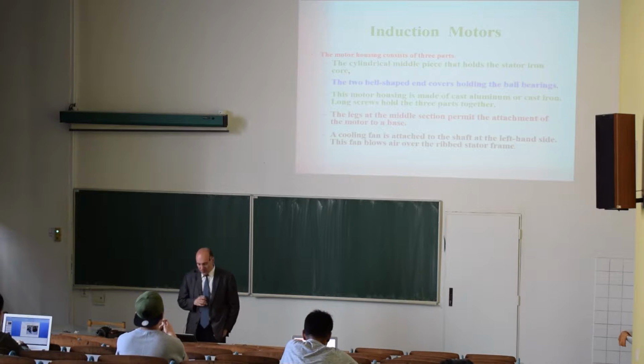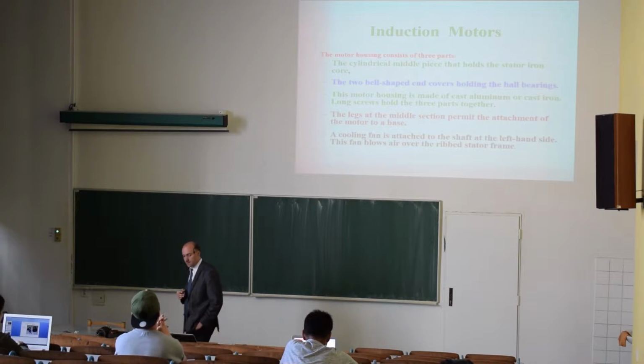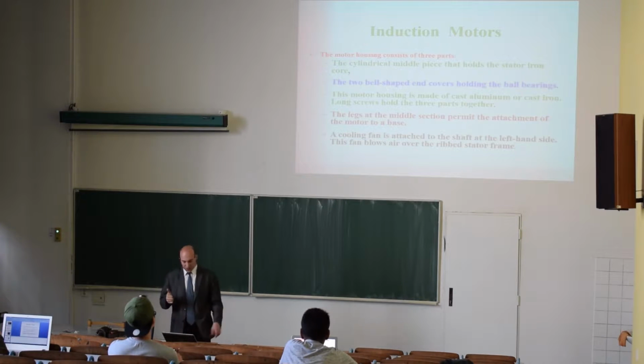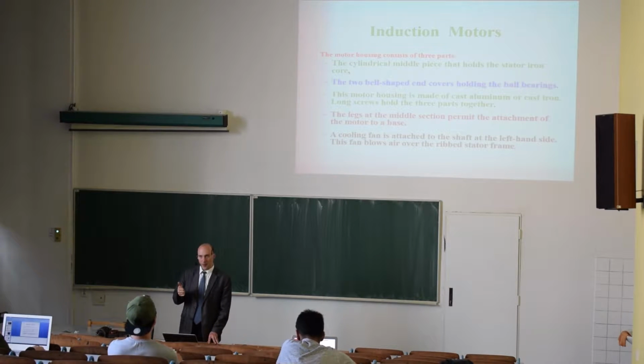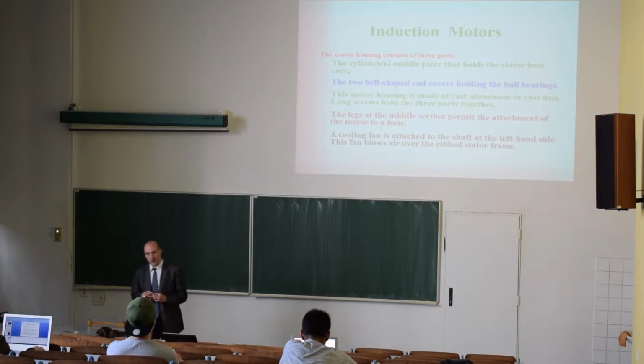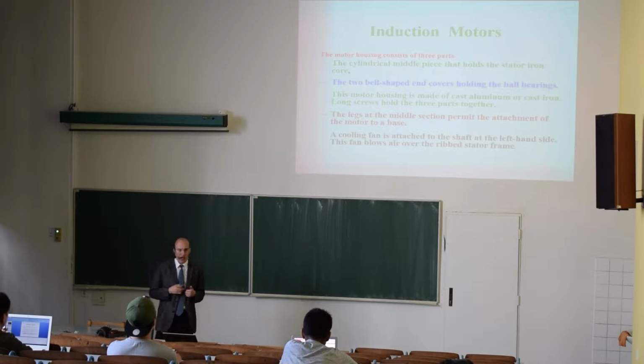So what are the basic parts of an induction motor? The rotor has basically the magnetic circuit, which are the steel sheets, and then it has a rotor winding, which is either really a winding from copper wire, or it is created from aluminum bars.